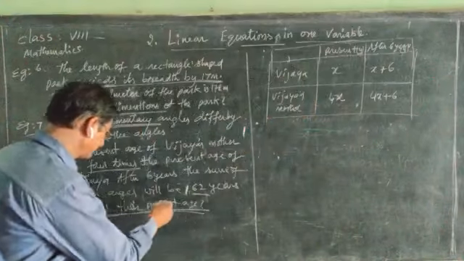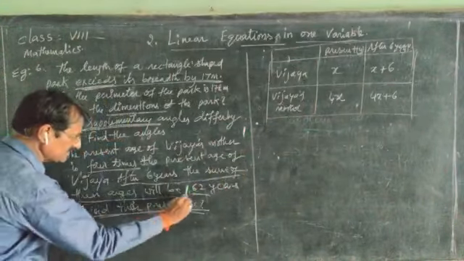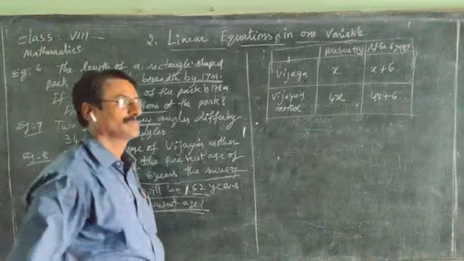See the next one. After 6 years, the sum of their ages will be 62.